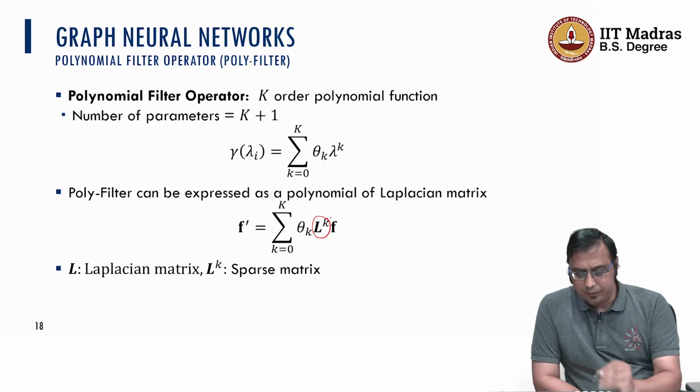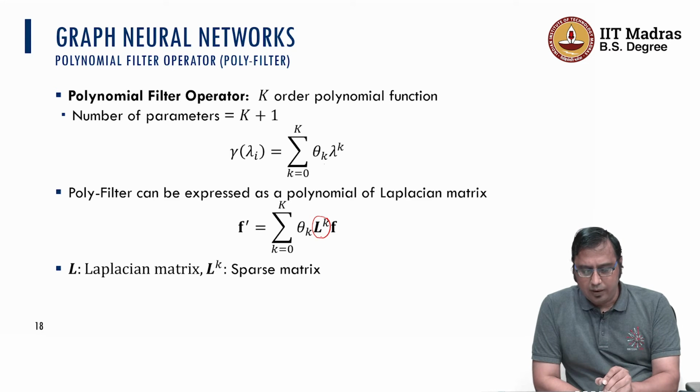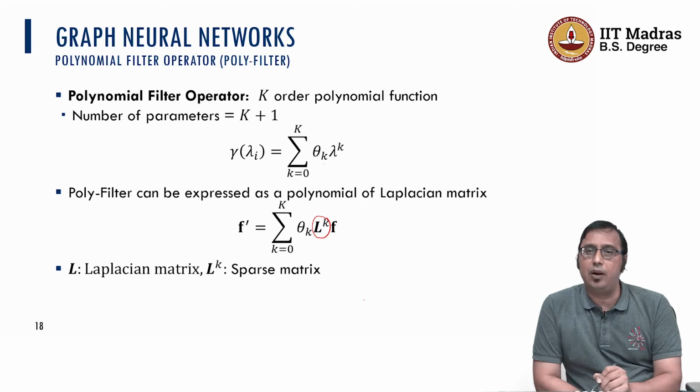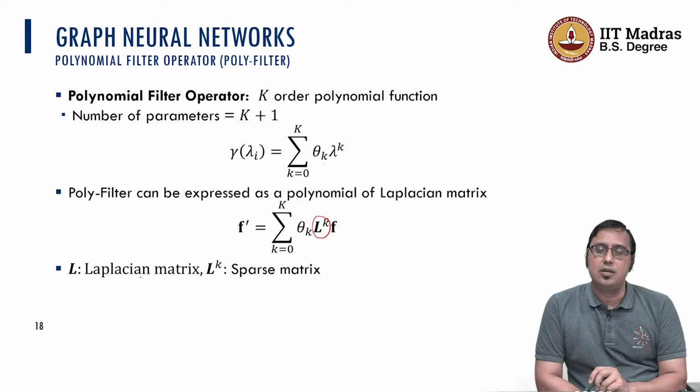Why is this important? The reason is the following. In the earlier case, I have to go through Laplacian matrix construction for a given graph and then apply an eigenvalue decomposition or singular value decomposition algorithm to compute U and U transpose.